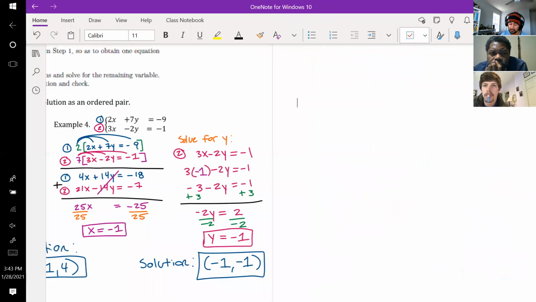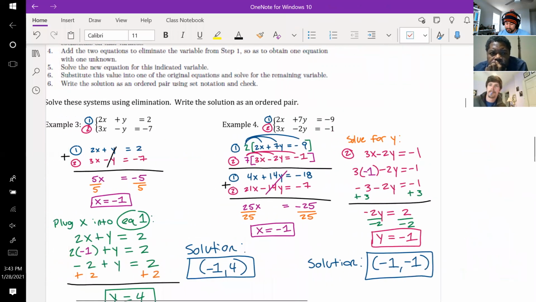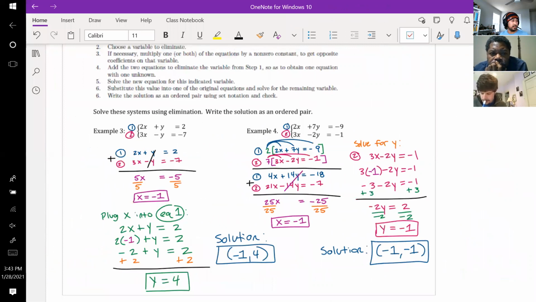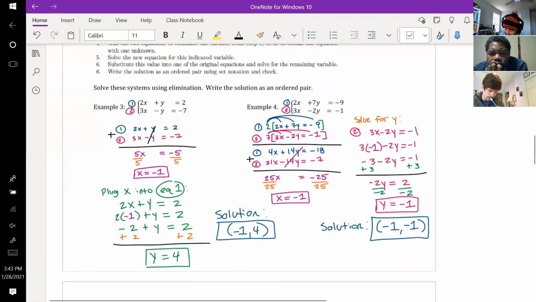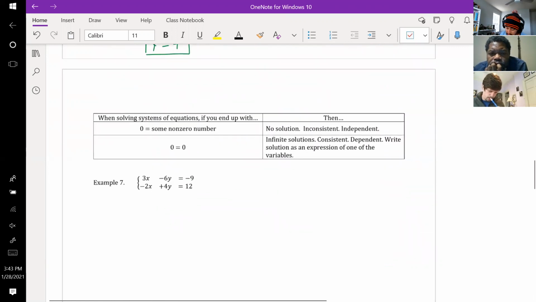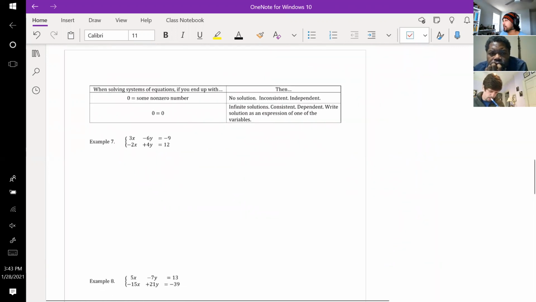Okay, let's keep going. All right, so that was substitution, it's elimination, and then let's get into two more types of systems, like with the end result.